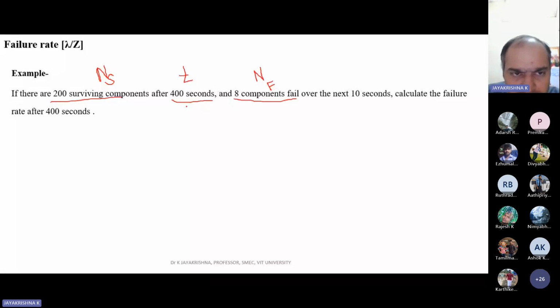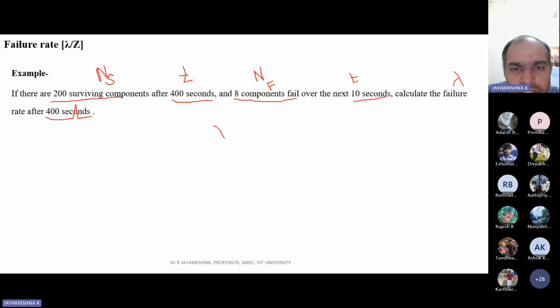So till 400 seconds, 200 components were there. After 10 seconds, when t equals 410, 8 components failed. Now they are asking you to calculate the failure rate lambda after 400 seconds. After 400 seconds, what is the failure rate?